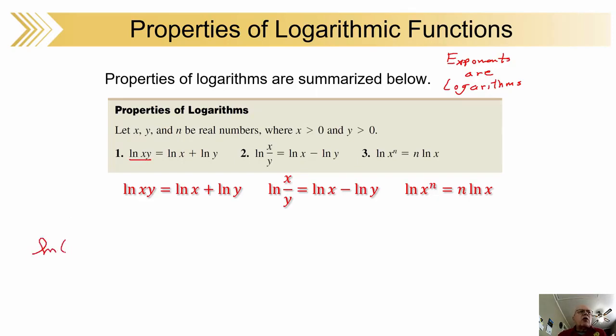Let's suppose we have the logarithm of 2 to the 6th times 2 to the 7th. Because we're multiplying, we can add those two. Remember, this is the same thing as 2 to the 6 plus 7. And logarithms are exponents.